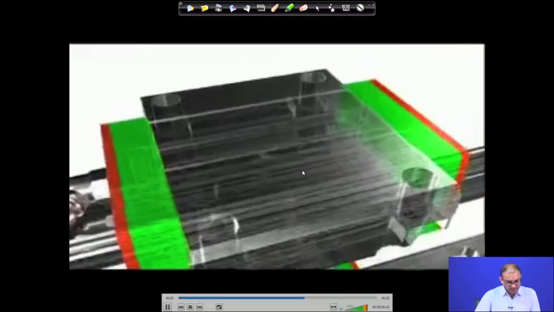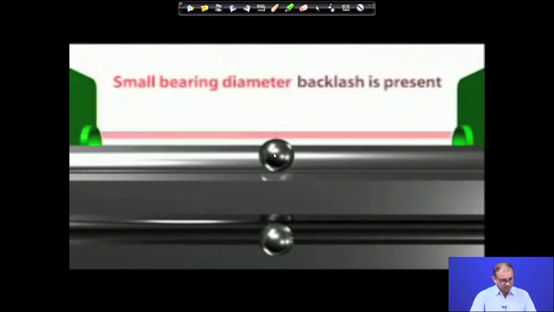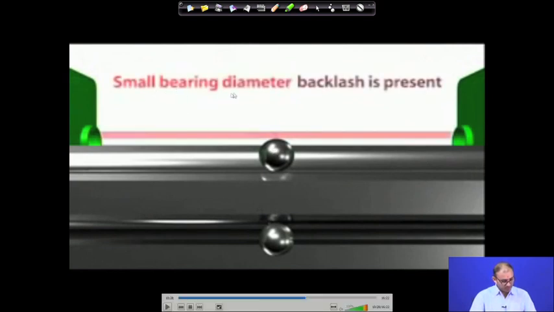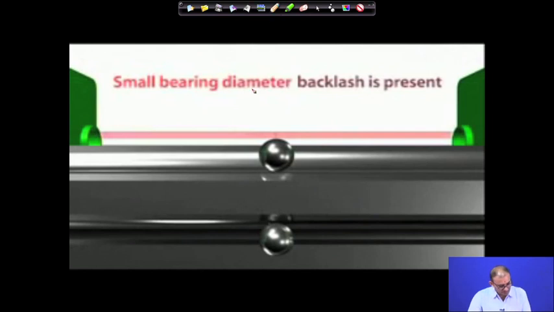That is also required in this particular case, because of what is going to happen here. This is the situation where the small bearing diameter and this is the length where we have to keep our diameter. Now this is the rail, correct, and the diameter is here. This is the particular backlash, right.